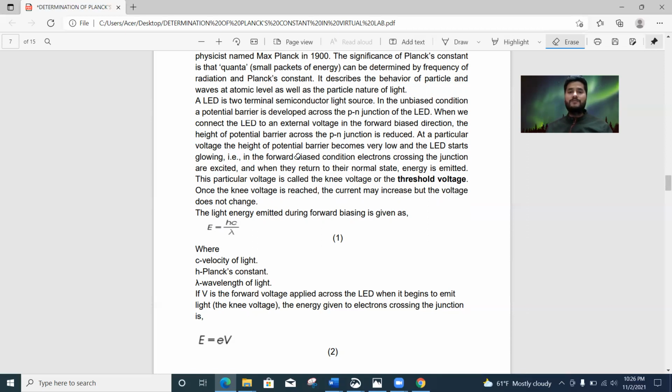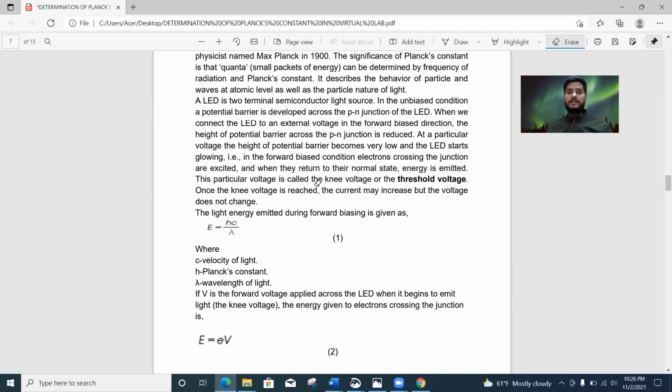That is, in the forward bias condition, electrons crossing the junction are excited, and when they return to their normal state, meaning they jump from a higher energy level back to the lower one, they release energy. During this, different kinds of wavelength may occur.